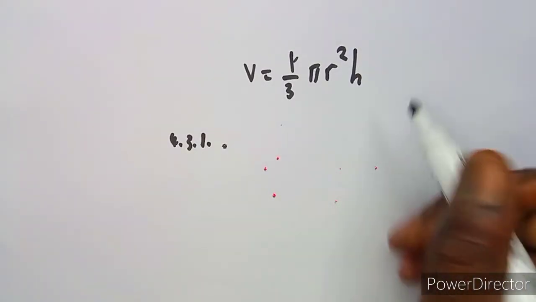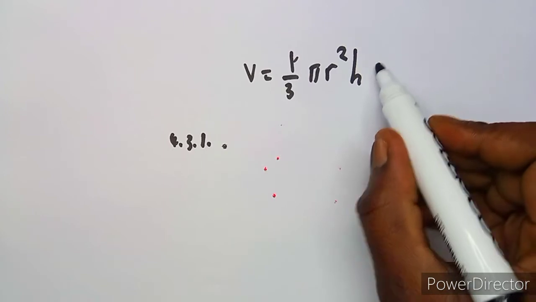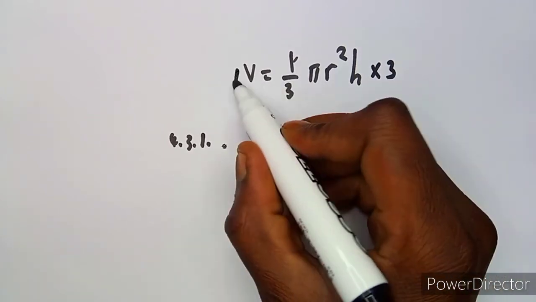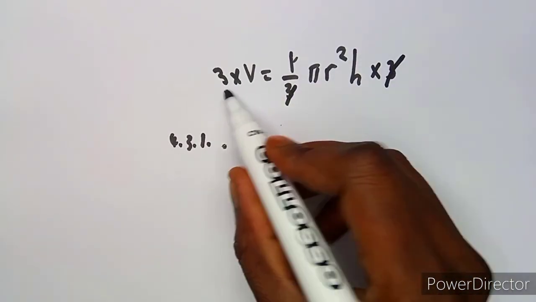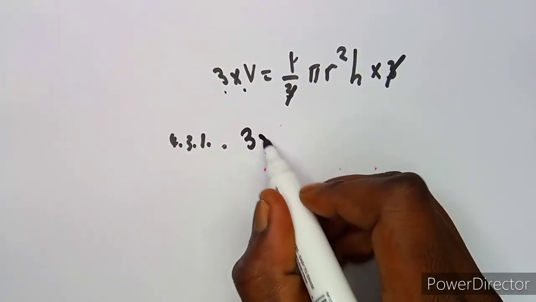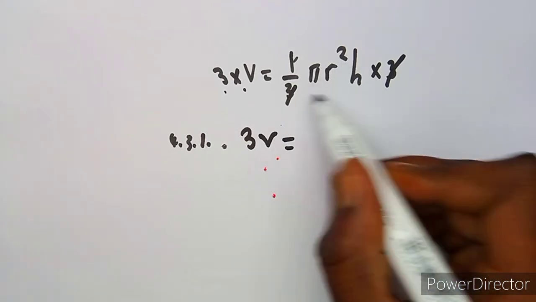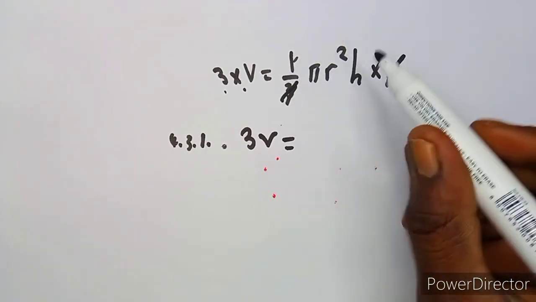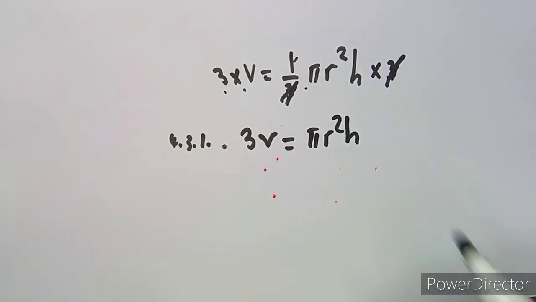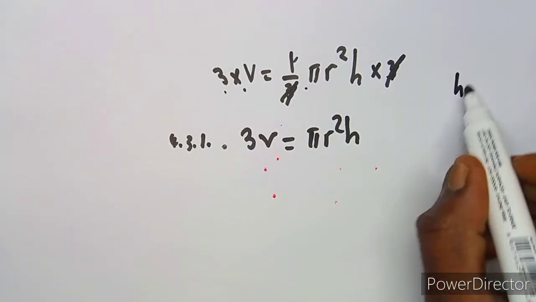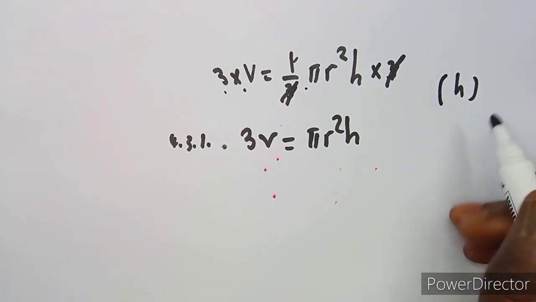So how can we make h the subject of the formula? There's a 3 which is a fraction here, so you can just multiply by 3 to remove this, so this can cancel. So you'll be left with 3 times v, which is 3v, is equal to 1 pi r squared h, which is the same as pi r squared h. You want to make h the subject, remember guys. So what can we do?